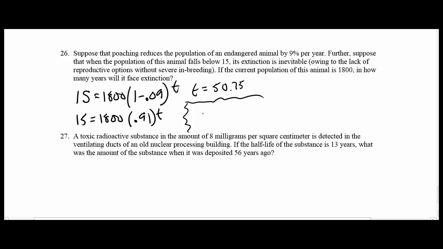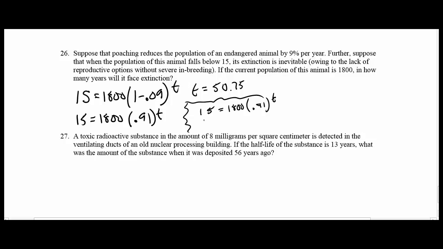Now, we can do this another way. So we have 15 equals 1800 times 0.91 to the t. If you remember from exponent rules, if I take the natural log of both sides, that allows me to bring down, I'm sorry, let me try that again. I need to isolate the variable first.